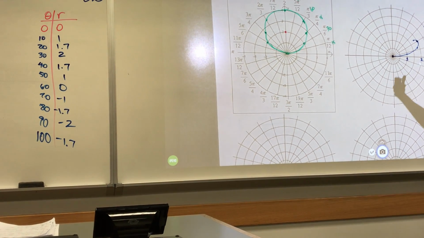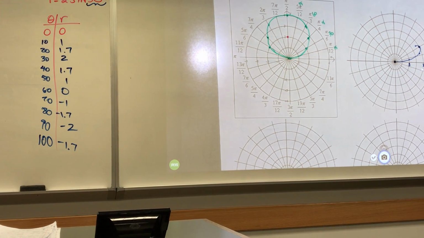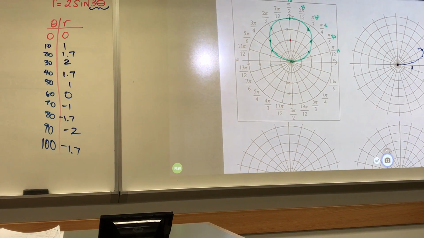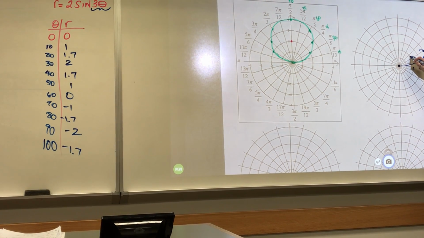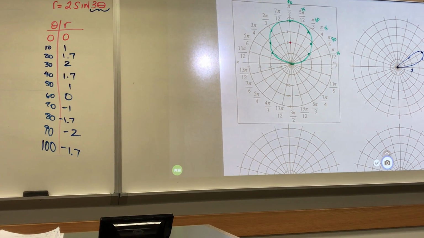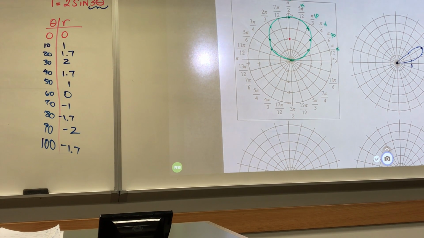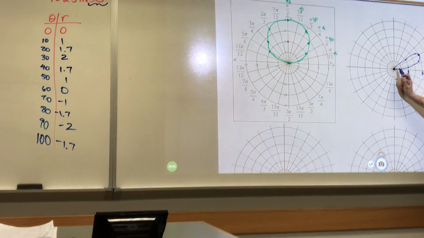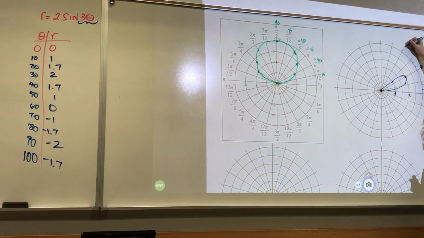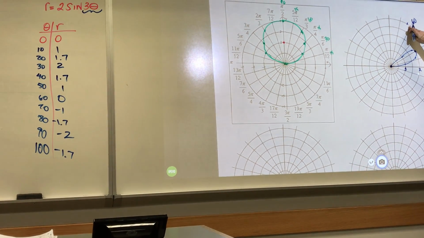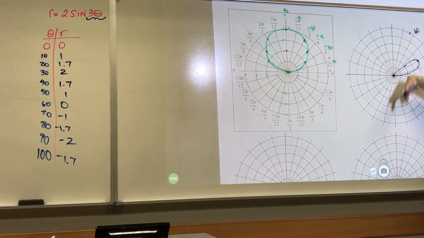This is the reason why we want to connect our dots as we go. 50 is 1, and we've got that kind of symmetry going on. And 60, we're back at 0. They call them rose curves, but they'd probably be better called daisy curves because we're going to have petals. All right, 70, let's see, this is 60, so 70 is right there, but my r is negative, so that means we're going to go backwards.